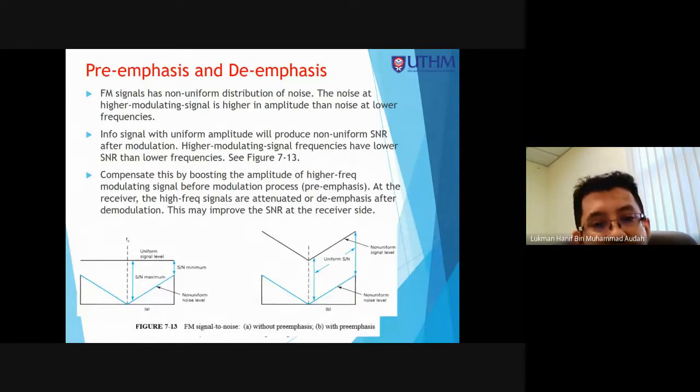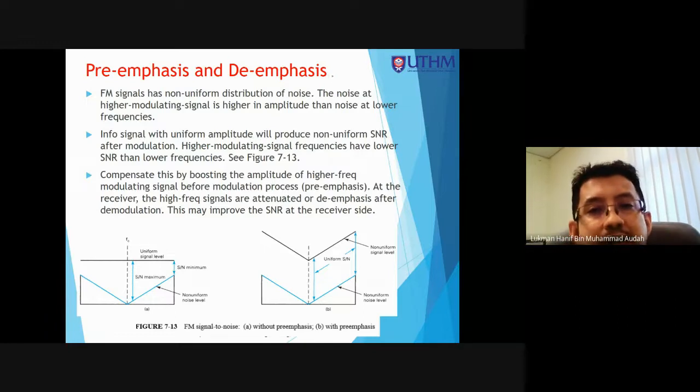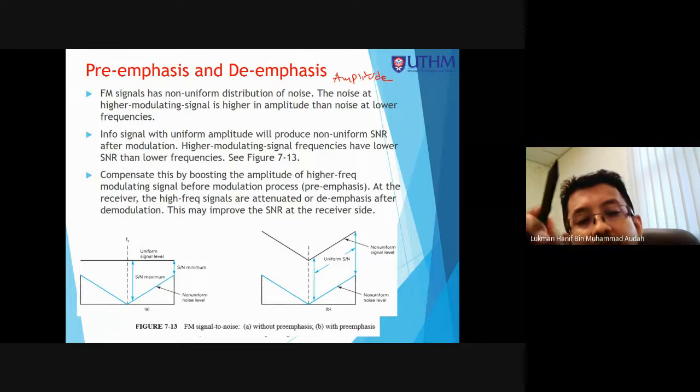Pre-emphasis and de-emphasis. So emphasis here comes from the word emphasize. So kalau pre-emphasis, we emphasize, maknanya kita naikkan. Emphasize, we make it bigger. So apa yang kita buat bigger? So dalam kes ini dia merujuk kepada amplitude of the signal.